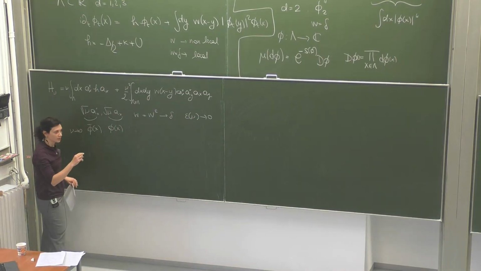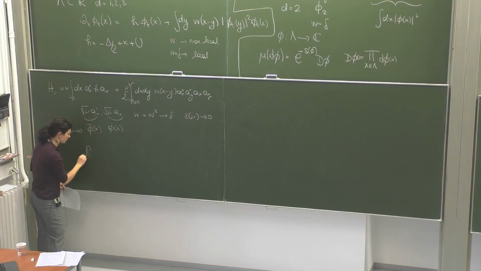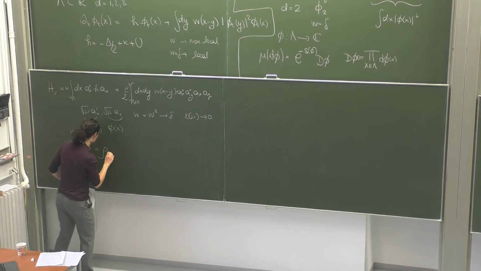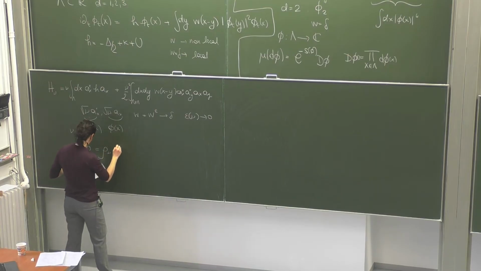So we work in the grand canonical ensemble, and so we have our Gibbs state.